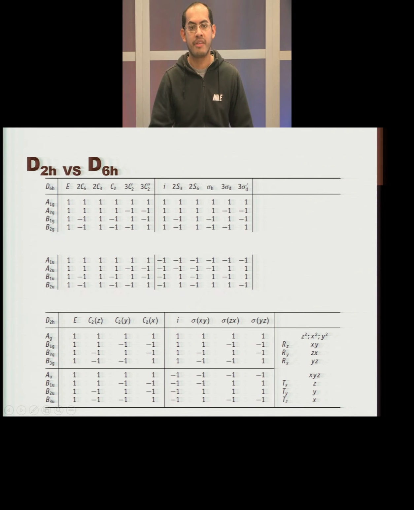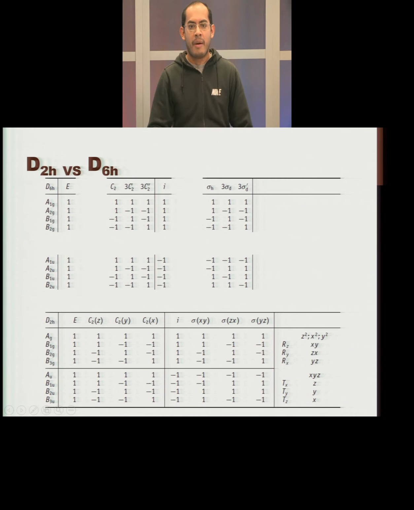We can also get rid of the C6, C3, S3, and S6 symmetry elements, as they don't exist in the D2h symmetry. After relabeling the symmetry elements and the irreducible representations, we generate a table that is exactly the same as the D2h character table. We just proved that D2h is a subgroup of D6h.